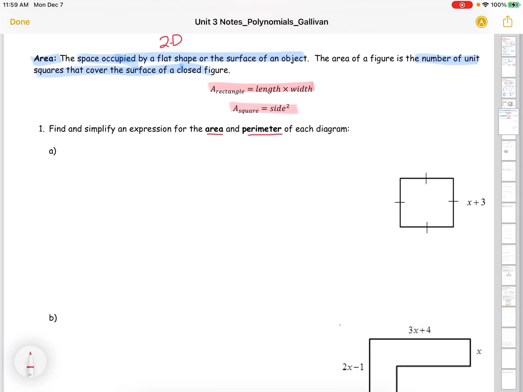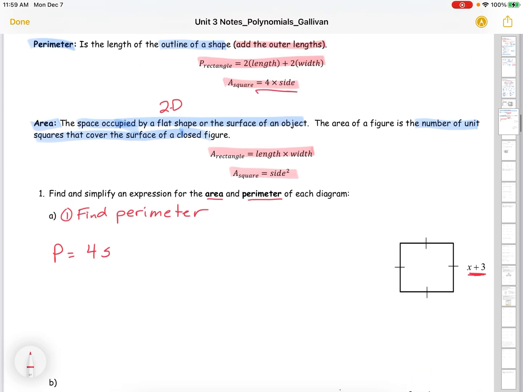So first, we're going to find the perimeter. Well, we have here, given that one side is x plus 3 and they're all the same, the perimeter of a square is 4 times the side. We've got that up here. This should actually say perimeter of a square. Oops, that's an error in the booklet.